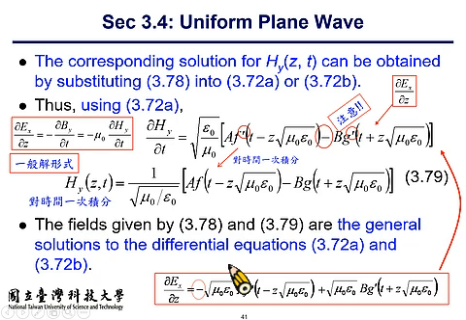The minus sign arises from the formulation of the parameter, because one of the parameters is t minus z times the square root of mu times epsilon. So when you perform the differentiation, a minus sign comes out there.